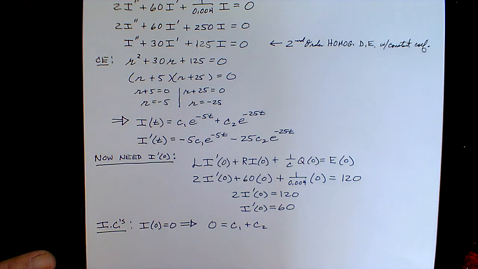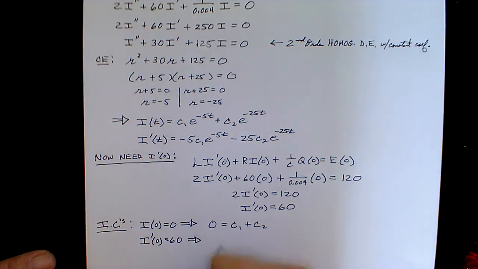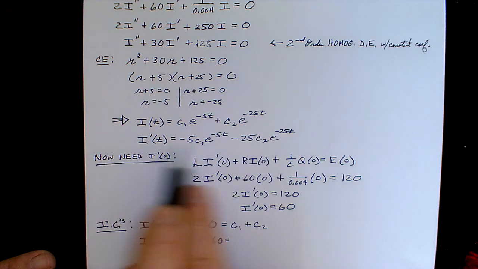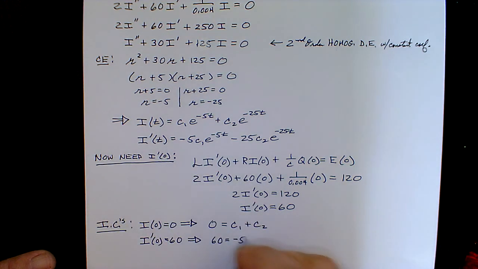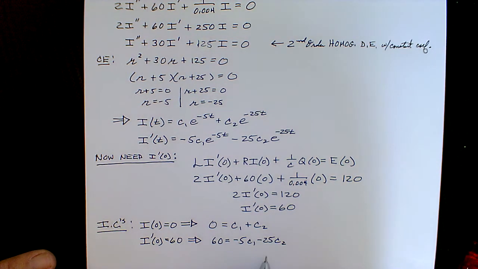And for the initial condition I prime of 0 that we just found to be 60, we have 60 equals, from I prime of t, negative 5C1 minus 25C2, and we're going to solve this system.